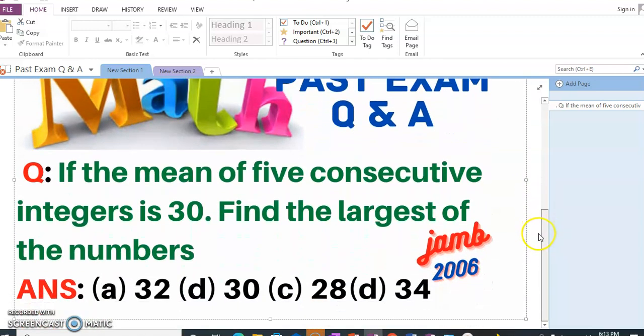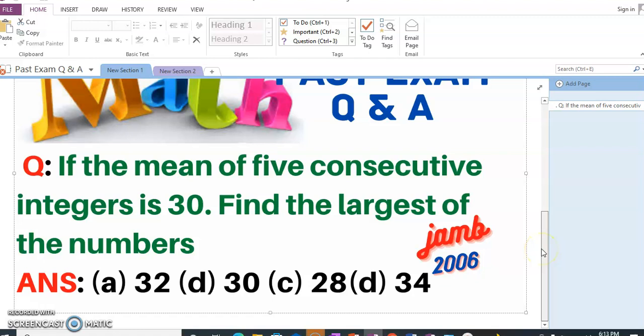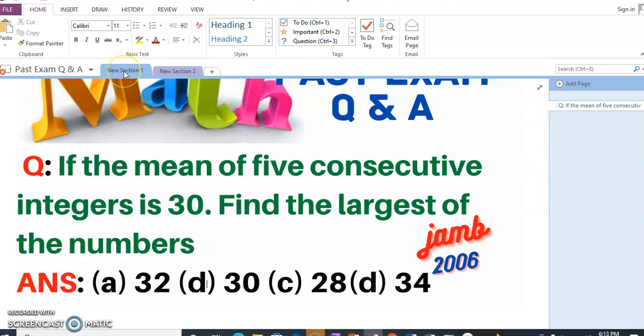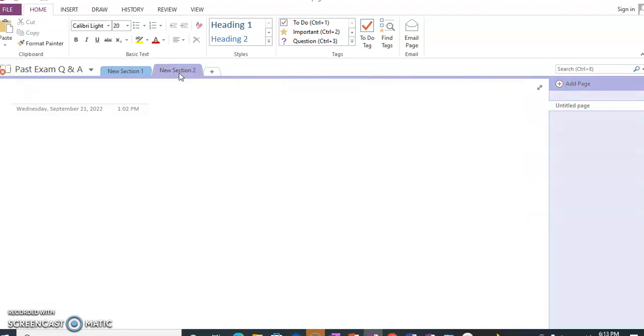Once again, if the mean of 5 consecutive integers is 30, find the largest of the numbers. So we are going to work on this. Now you have seen the question. Let's start working.